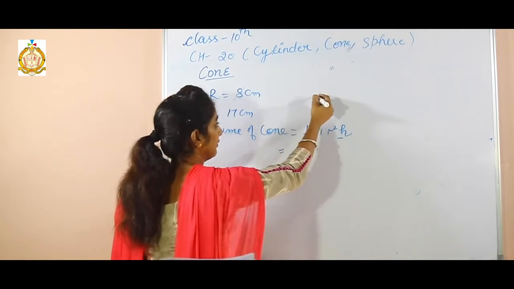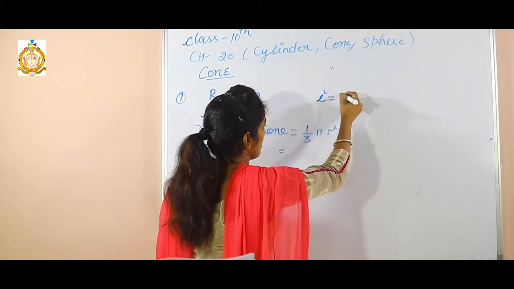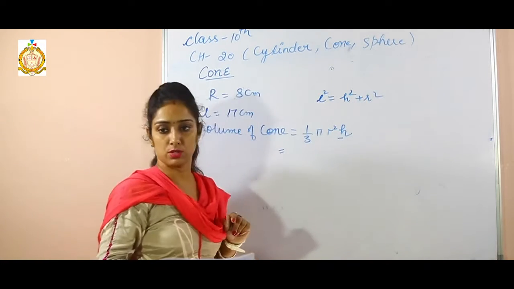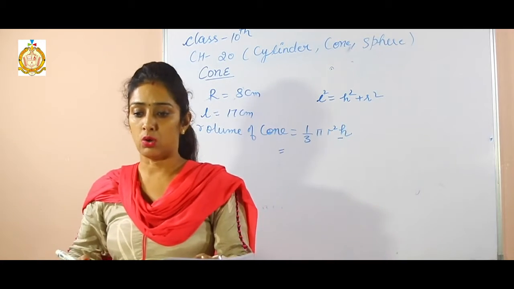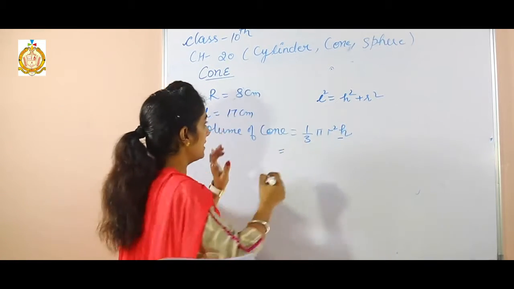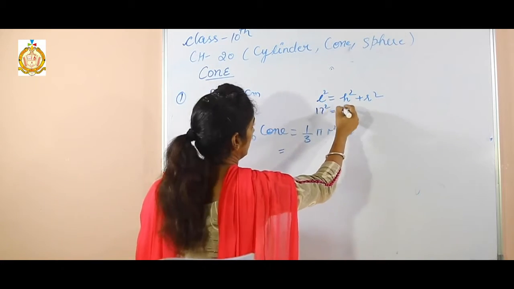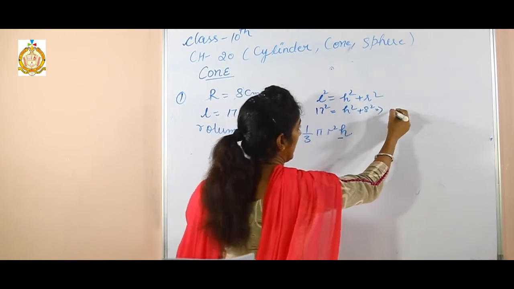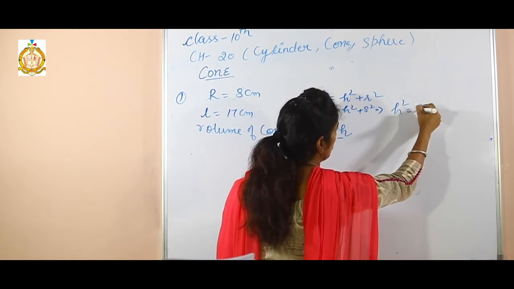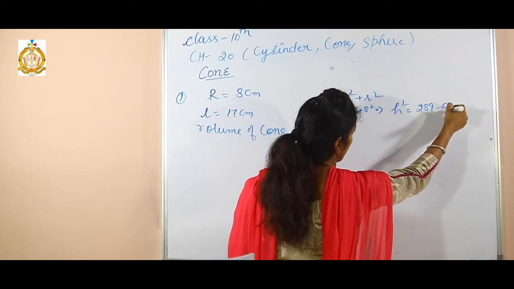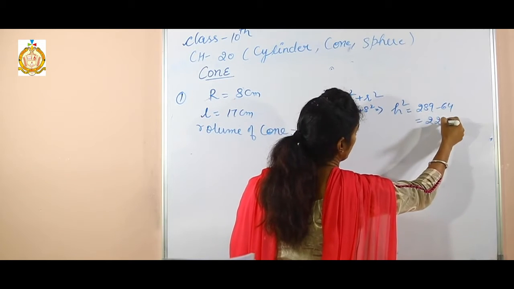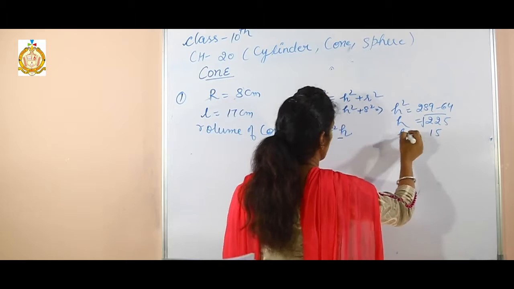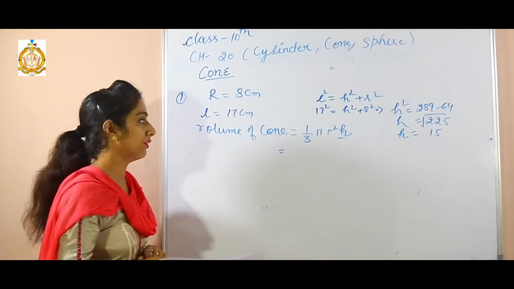Firstly we have to find H. When we have to find H, L square is equal to H square plus R square, right? Now L is 17 square, so H square is equal to 289 minus 64, which is 225. The square root is 15, so H is 15.